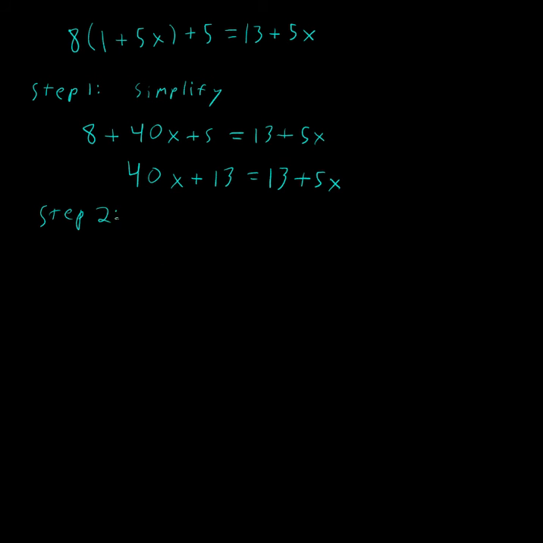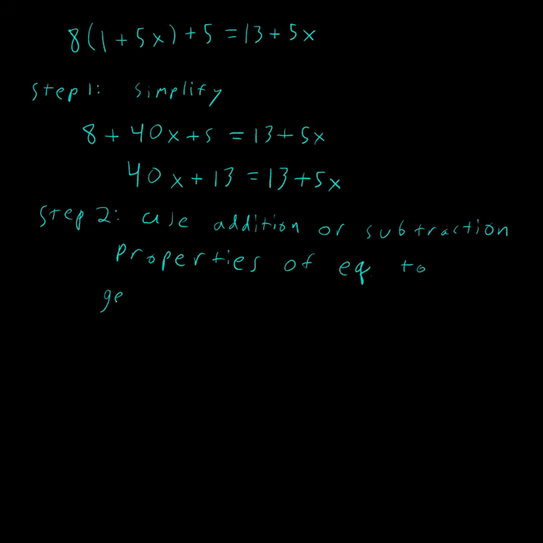Okay, so the next step, step 2, use addition or subtraction properties of equivalence to get variables on one side, alone.